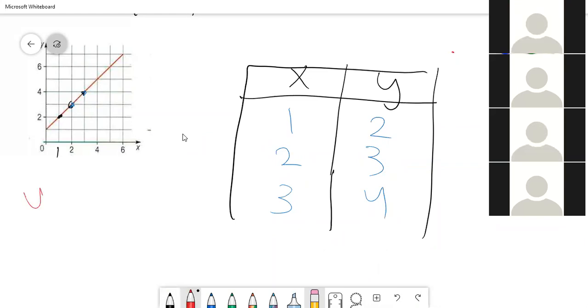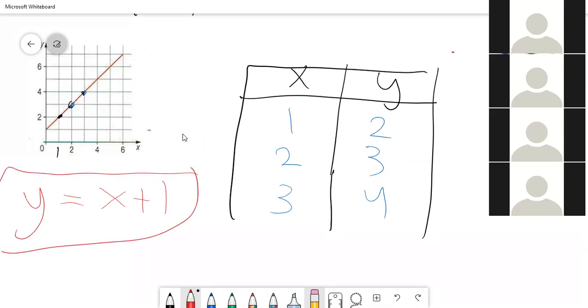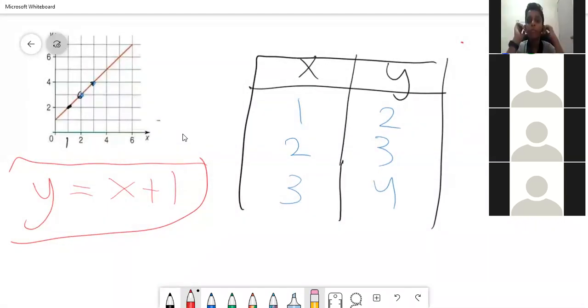What is the rule? Y equals x plus 1. Yeah. So this rule is the function of the line. How did we come up to this rule? From the points on the line. The points on the line give us the rule of the line.